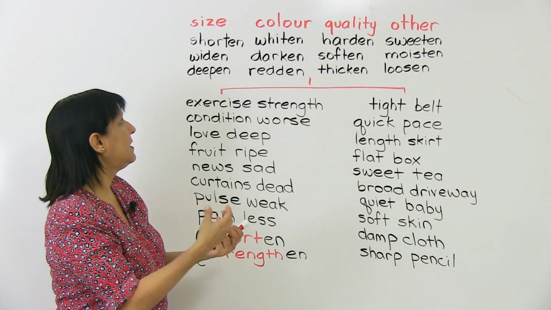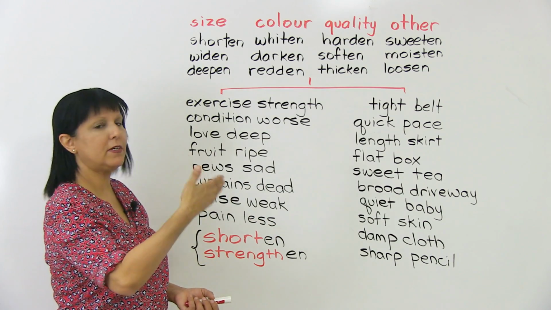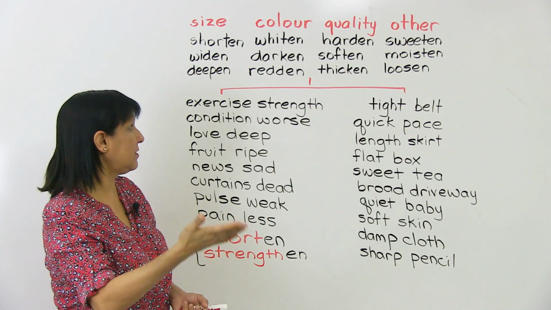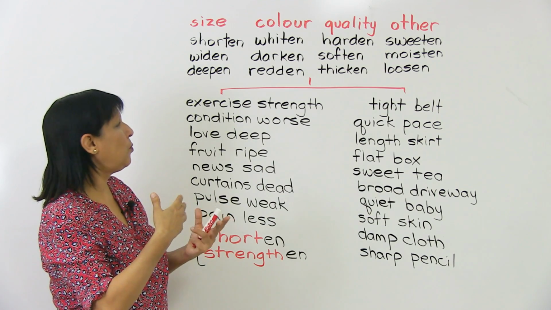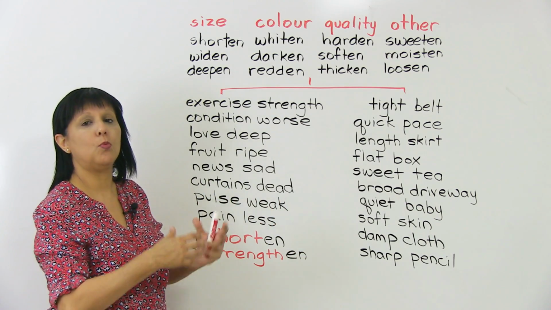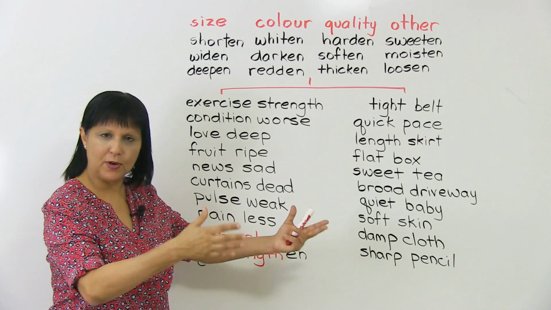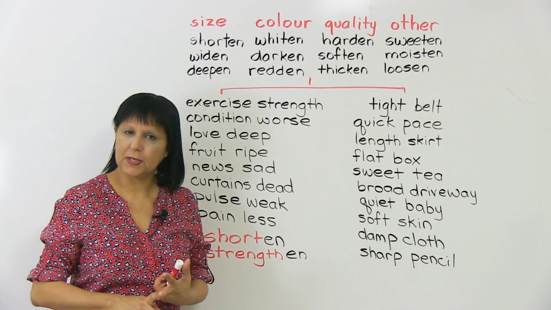So instead of saying she made her skirt shorter, we just say she shortened her skirt, right? Okay? Instead of saying they made their driveway wider, we can just say they widened their driveway, and it sounds much better, whether you're writing, whether you're speaking, okay?